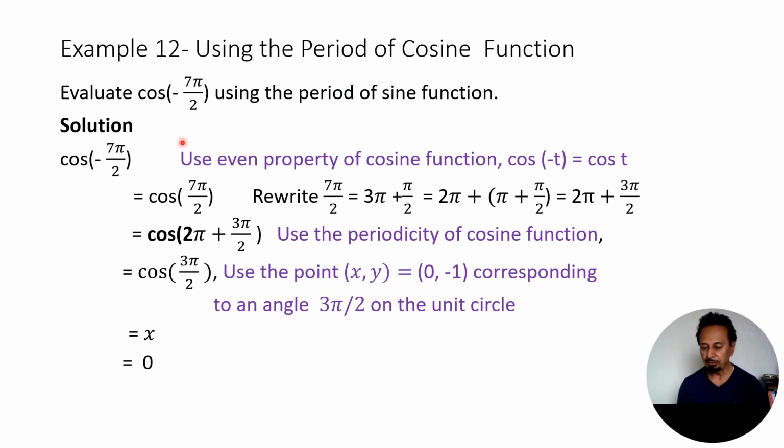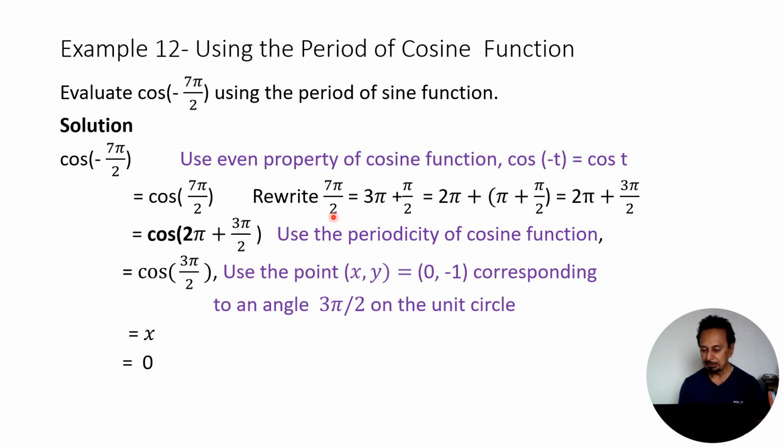Example 12, we're going to find the value of cosine of negative 7 pi over 2 using the period of the cosine function. First of all, we have a negative angle, and we can apply the even property of cosine. Cosine of negative 7 pi over 2 is the same as cosine 7 pi over 2.